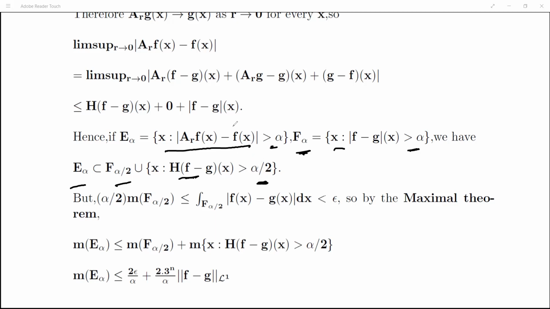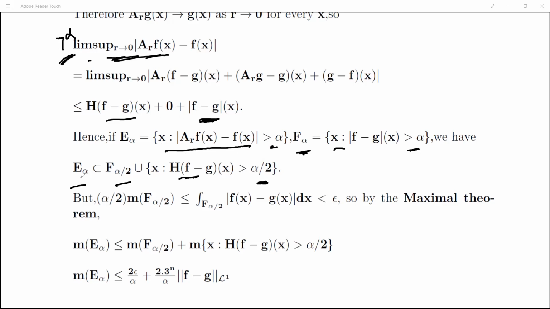This is clear, right? Because if this lim sup is greater than alpha, then at least one of these has to be greater than alpha by 2.